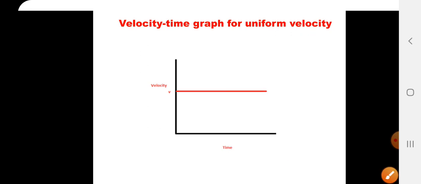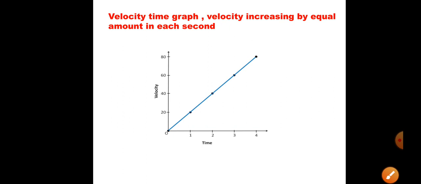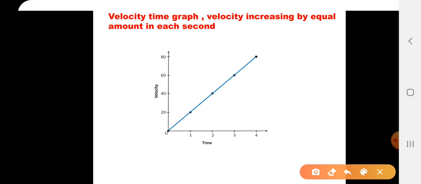Okay, then the next graph is velocity time graph for a velocity increasing by equal amount in each second. Now in the previous slide and this slide there is a lot of difference. In the previous slide the velocity was not changing, but here velocity is increasing uniformly.